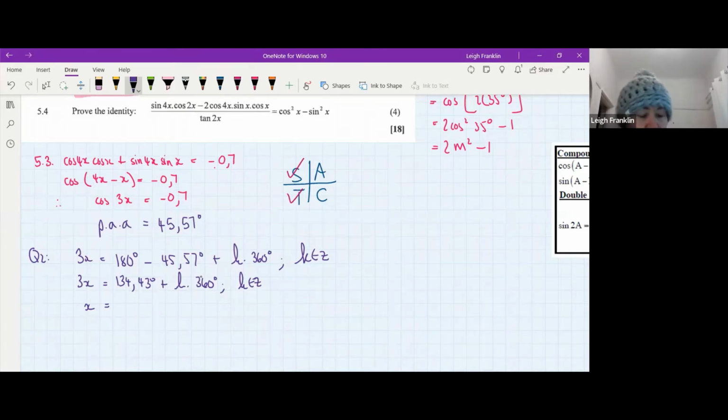This gives x equals 44,81 plus k times 120, k an element of the integers.